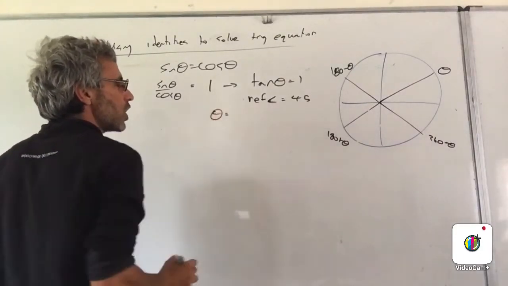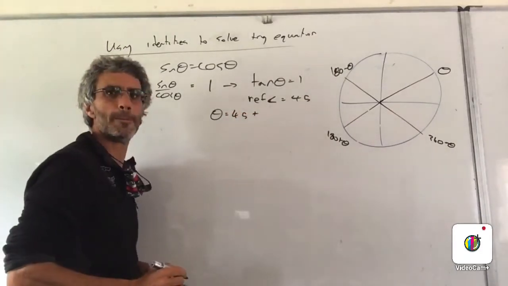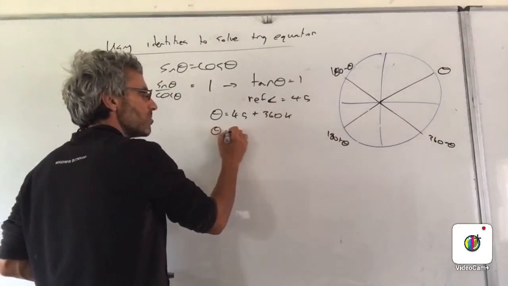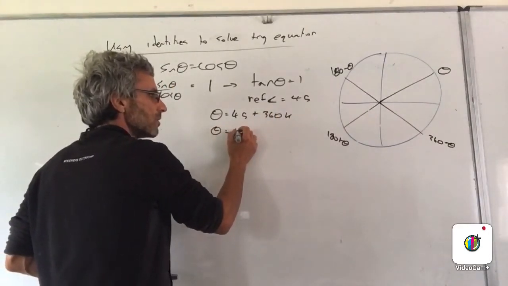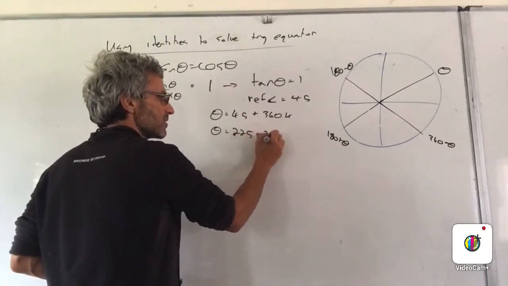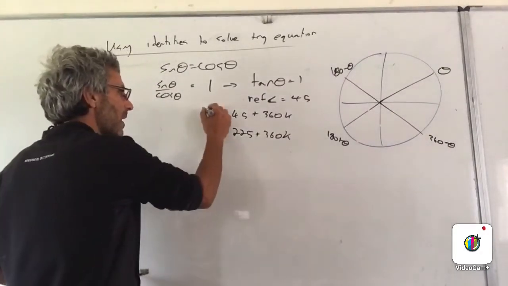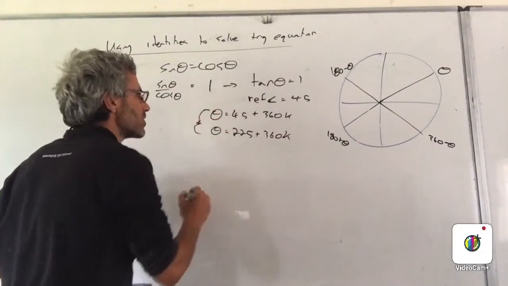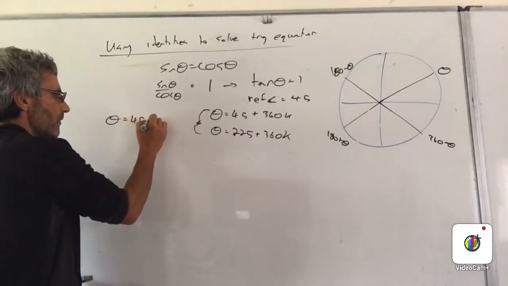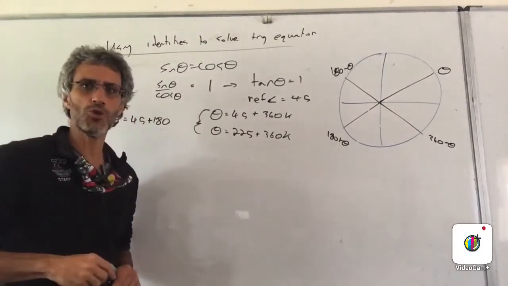So my first answer is theta equal 45, and I should really add 360k. Normally I will just add 360k, and then the second one will be 180 plus 45, which is 225 plus 360k. But with tan, we can combine the two together to give one solution. Theta equal to 45 plus 180k.